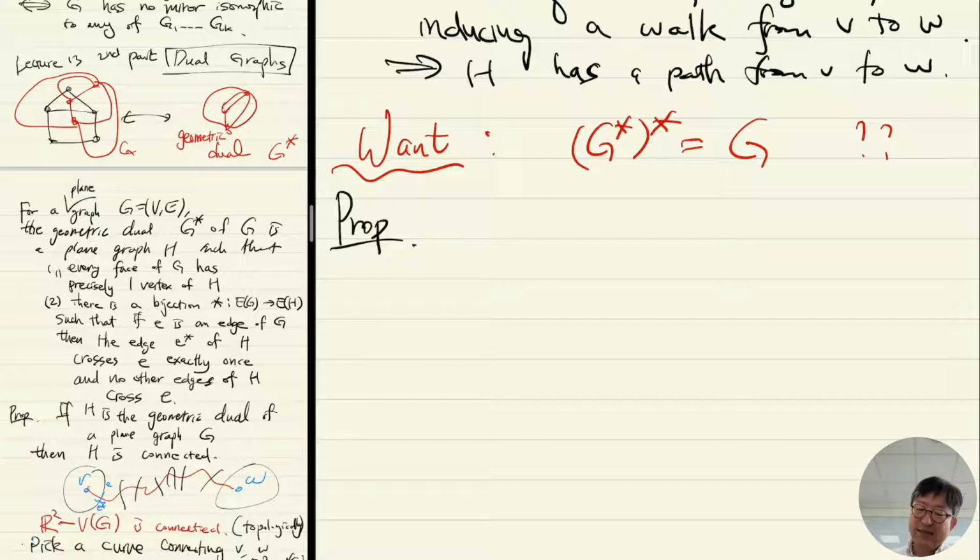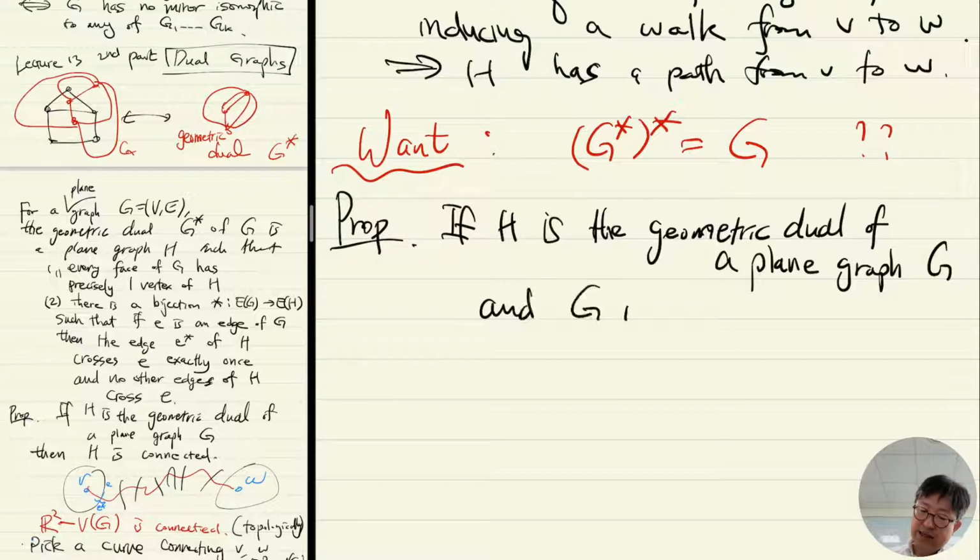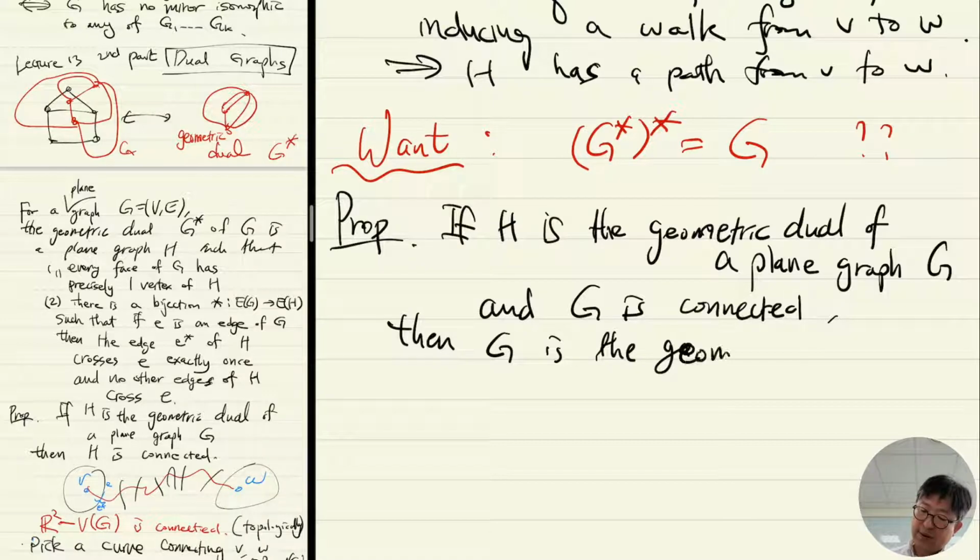But still, we can prove something like this: if H is the geometric dual of plane graph G, and G is connected, then G is the geometric dual of H, right?